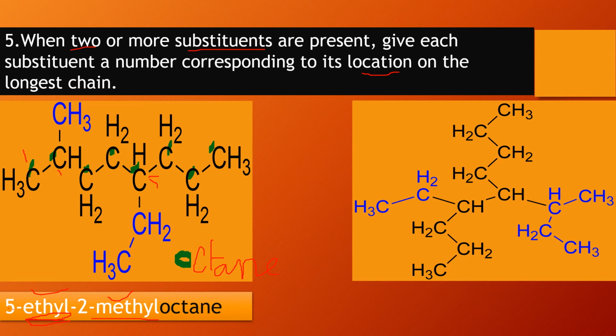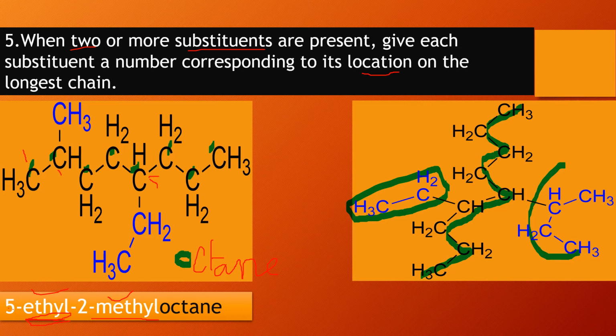In this example, you can see this is the longest chain. 1, 2, 3, 4, 5, 6, 7, 8, 9. So there are 9 carbons, which means that the parent name is nonane. And you can see here, this is one substituent and this is another substituent. This is basically ethyl. 1, 2, 3, 4.